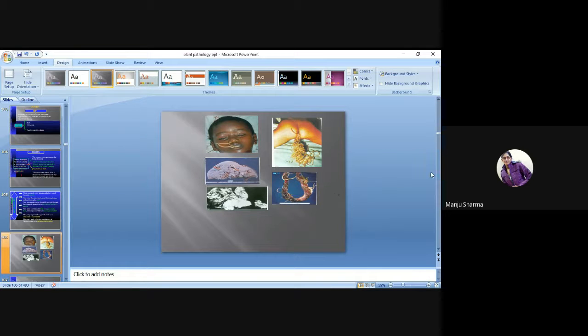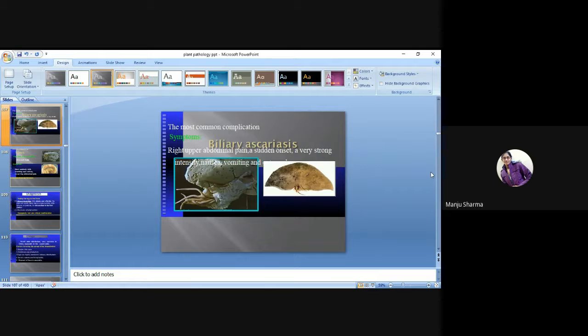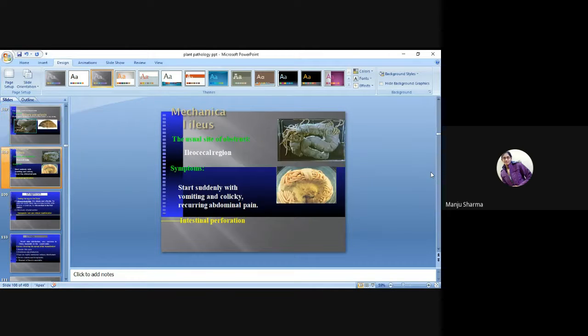These are the symptoms and their signs. The most common complication symptoms are those of biliary ascariasis: right upper abdominal pain, of sudden onset and very strong intensity, with nausea and vomiting. In mechanical ileus, the usual site of obstruction is the ileocecal region.